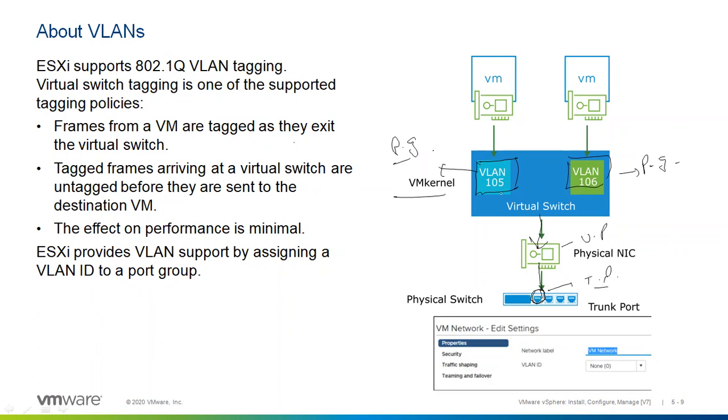So if I am bringing up VLAN 105, 106, by default we have to tell the person managing the physical network, boss, all my VLANs should be trunked where my uplink port is dropping. There could be another physical switch or another physical port. If it is dropping here, then all of the VLANs coming from above should be trunked. Now you can ask, sir, why is trunk not required at the hypervisor level on the uplink port?